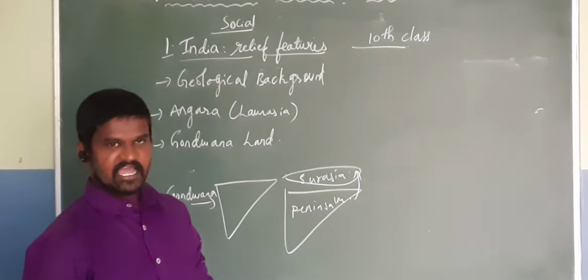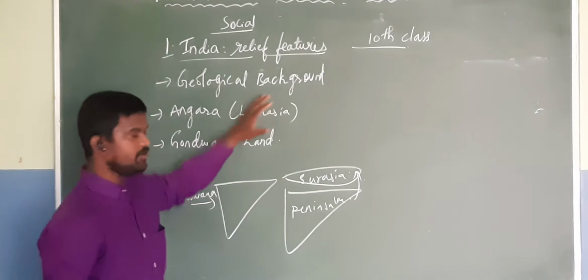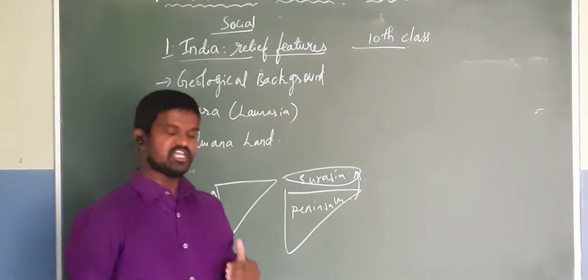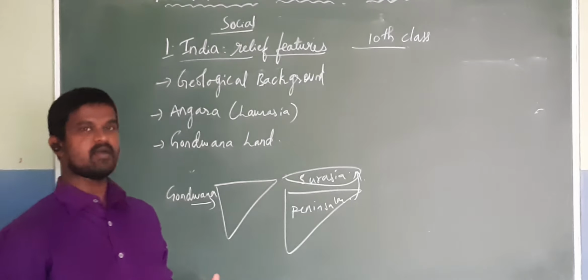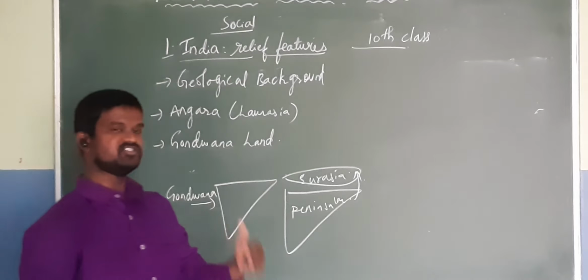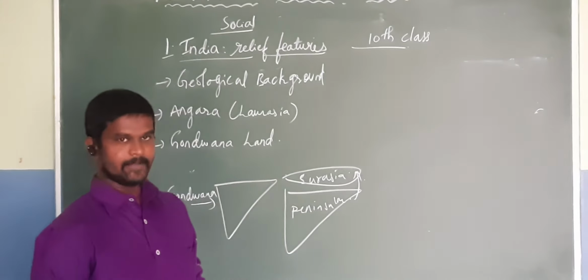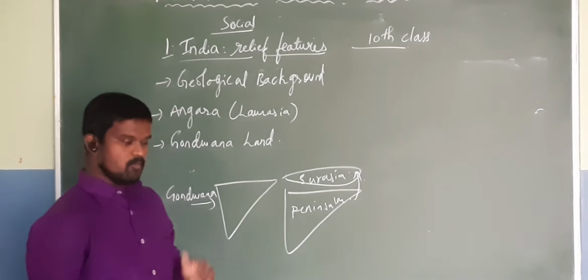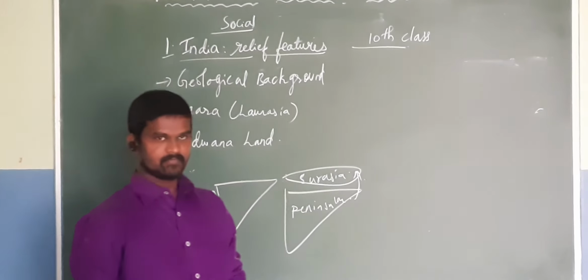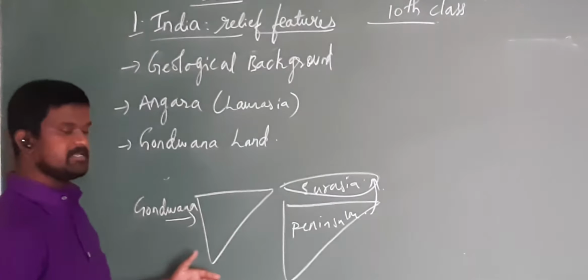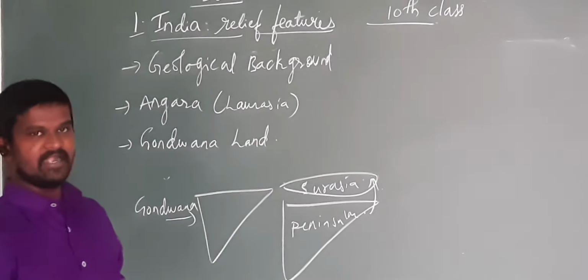Now we are going to start the geological background. Geological background means how the shapes and structures of different landmasses are formed, and how different kinds of relief features originated. In the 9th class we discussed the movement of the earth's crust. The Indian landmass is a part of Gondwana land.